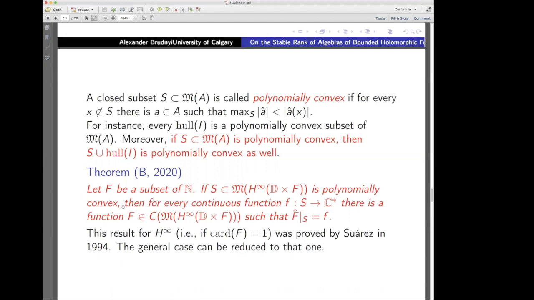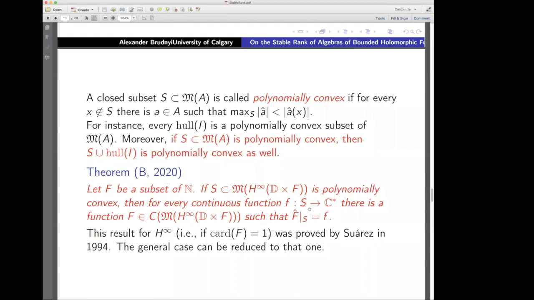Then for every continuous non-zero function f from S to C star, there is a non-zero continuous function on the whole maximal ideal space, such that its restriction to S is f. And here again, I need just that this function is non-zero.